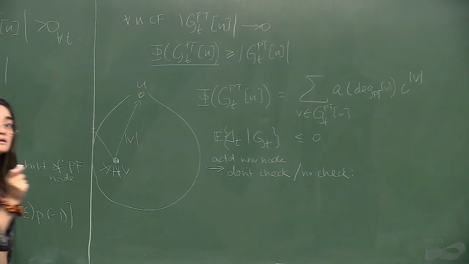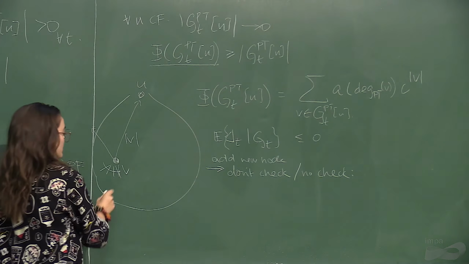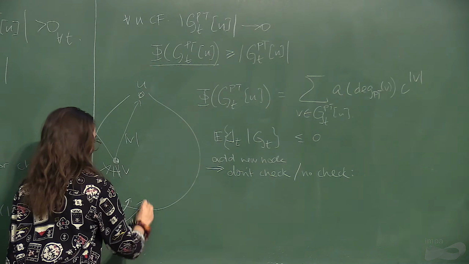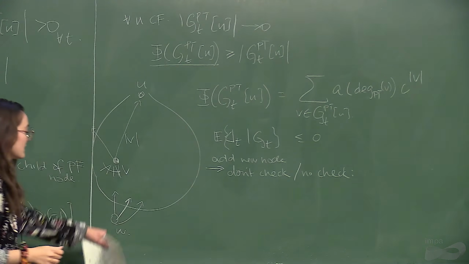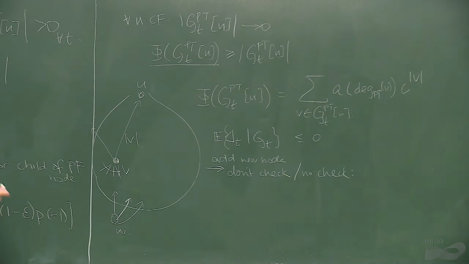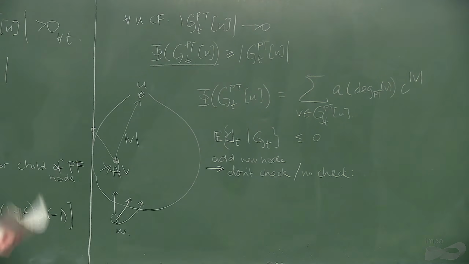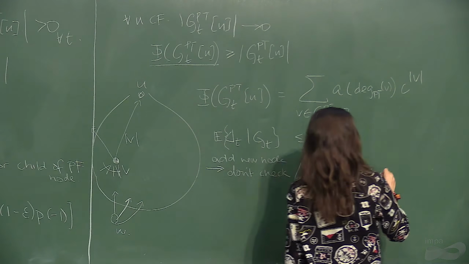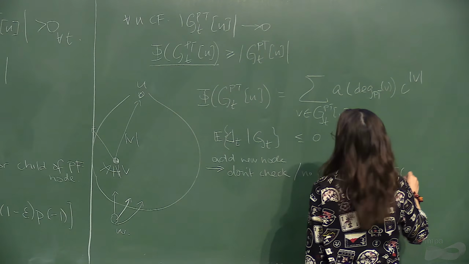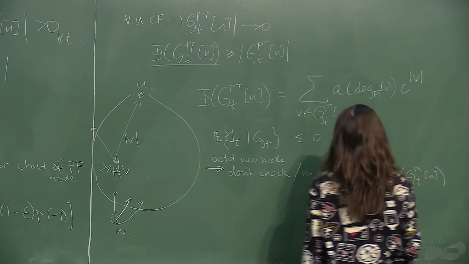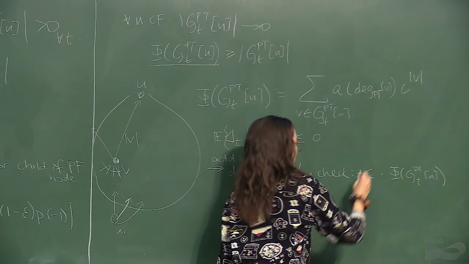Then you're going to get a new contribution from this new node W. That's going to be something like C to the distance of W to its nearest false node. But this is going to be at most a constant factor of the existing potential, like some C times phi of U. And so this is going to be added.